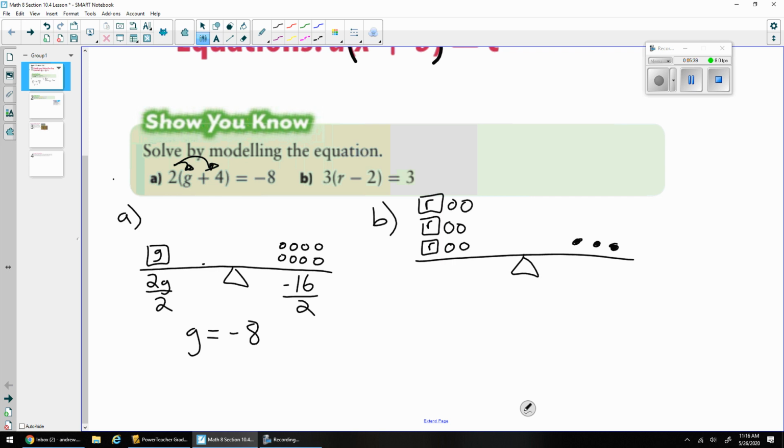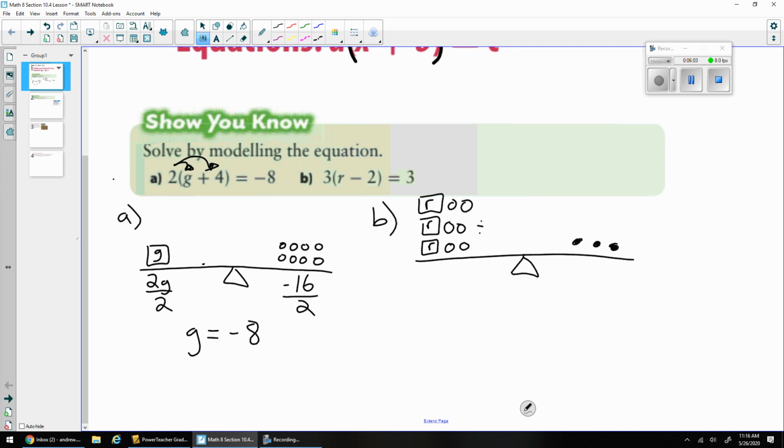So, how can I solve this? Well, last time I took away the integer chips on the left side first. But what else we could do is, since we have 3 groups on this side and 3 things on the right side as well, I could divide both sides by 3.